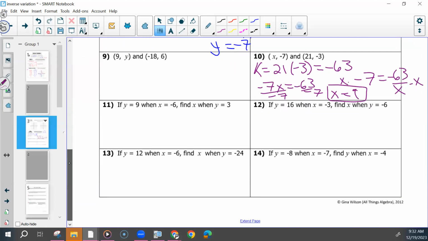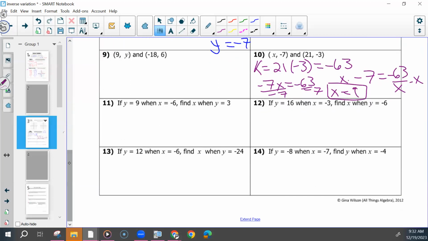Okay. Same as direct, these are the same. They just have more words. So let's do 11. If y equals 9 when x equals -6, find x when y equals 3. So what is our first step? Yes, define k. What would that be? Yes.